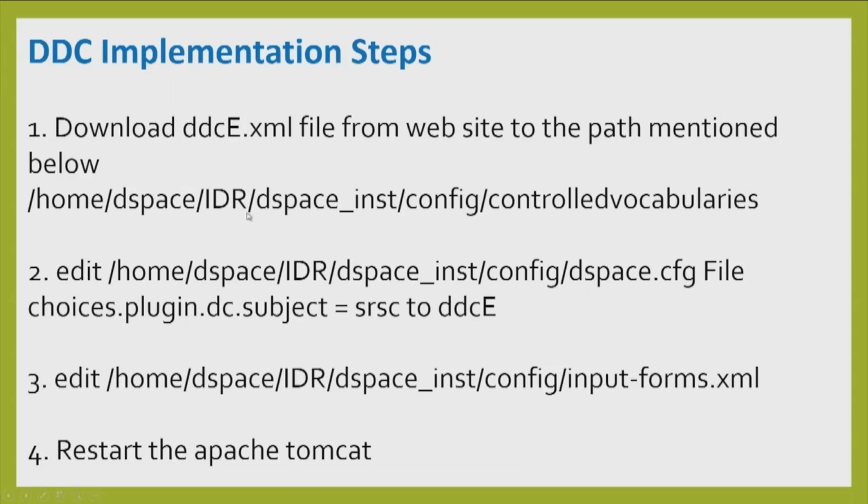Then you need to copy the DDCE.xml file into controlled vocabulary as I have already shown, and then edit the choices.plugin.dc.subject, remove the srsc which is present by default, and make it DDCE, and then edit the input-forms.xml and restart the Apache Tomcat.